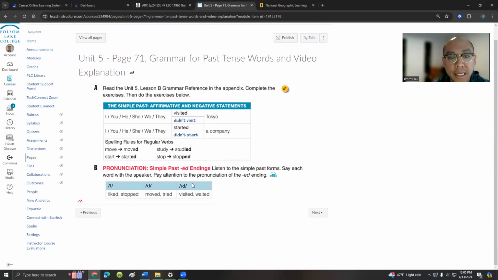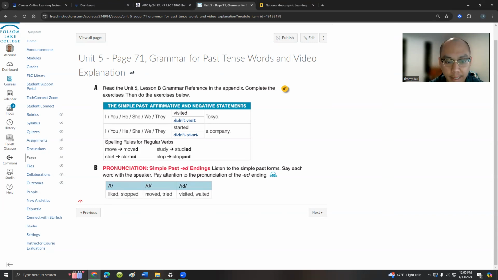Exercise B, pronunciation, simple past ED endings. So in the past tense, or rather, when a word ends in ED, okay, there are three sounds. Ta, da, id. Okay. Liked, stopped, moved, tried, visited, waited.